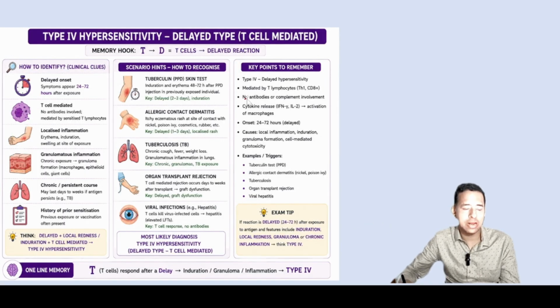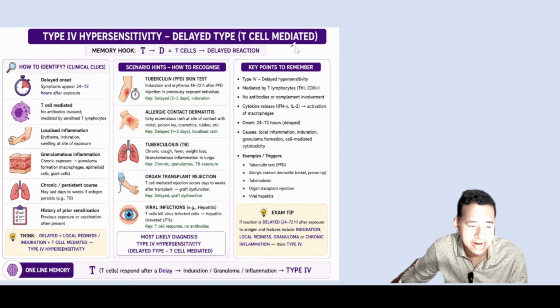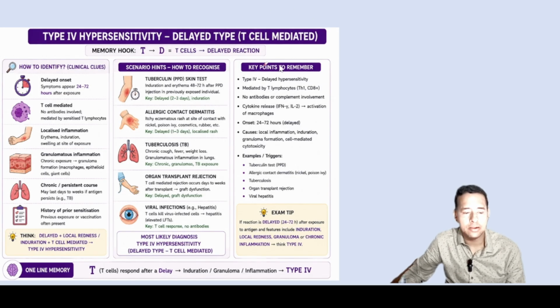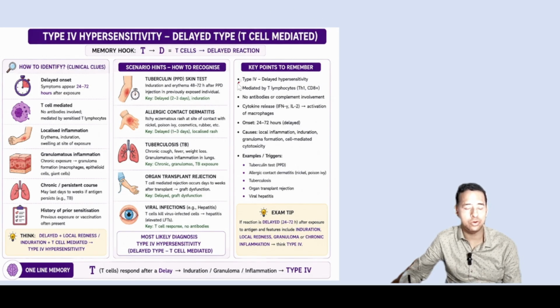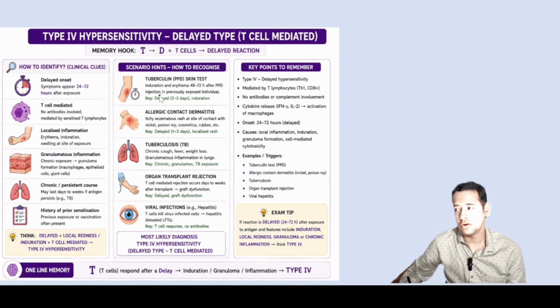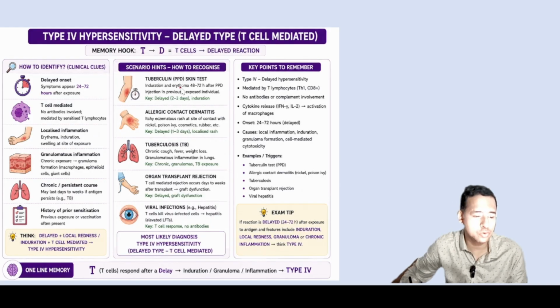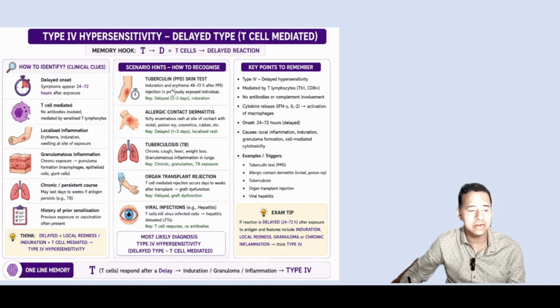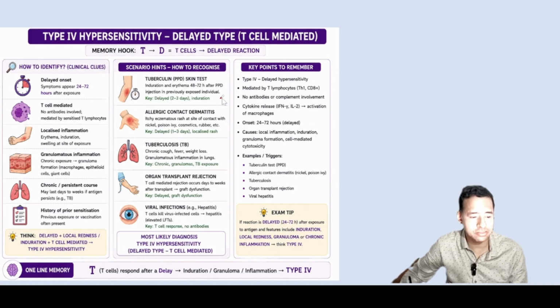Type 4 hypersensitivity is delayed or T cell mediated, you have to know. Most doctors are aware of tuberculosis. The tuberculin PPD skin test shows induration and erythema 48 to 72 hours after PPD injection in a previously exposed individual.